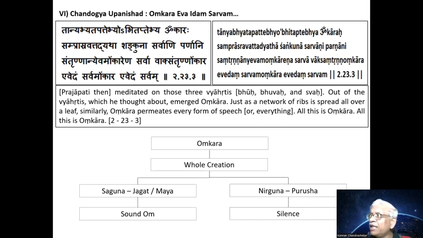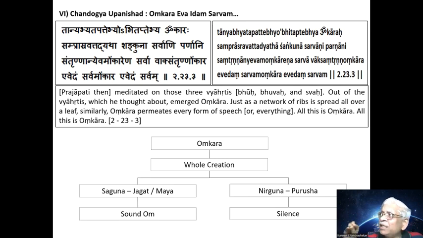It is called Jagat or Maya. What is Nirguna? Nirguna means the pure form of the world, of the creation, the sattvic portion. If it is mixed with Rajas and Tamas, it is this Maya. If it is unmixed, pure Sattva, it is that Nirguna Brahman.